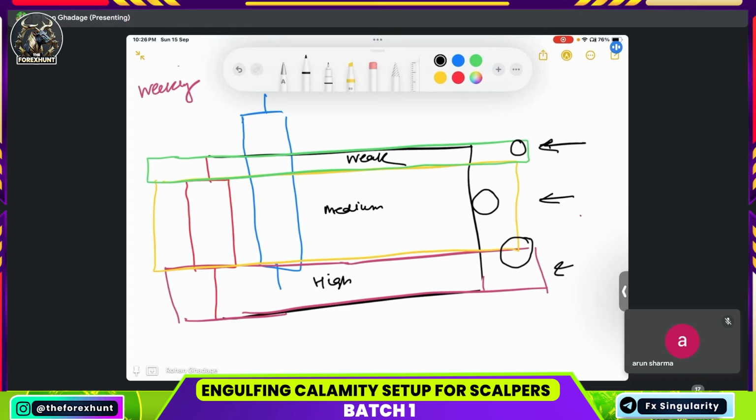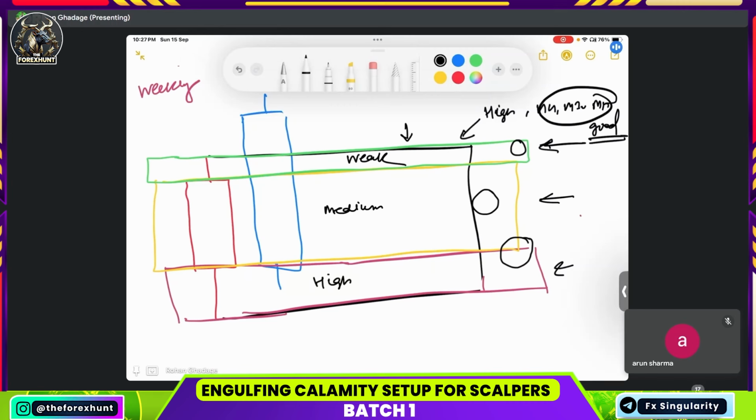Everything depends on our zone. Even if it is at the top of weekly engulfing buy, we can make the accuracy good by using higher time frames like H4, M30, M5, three time frames to make this area a good scalping setup.